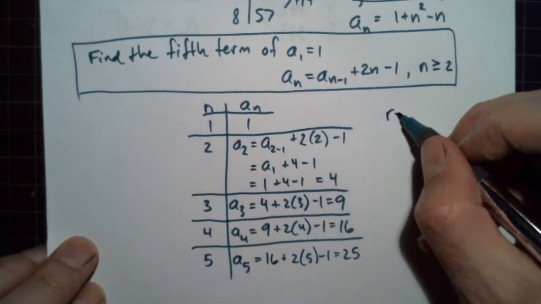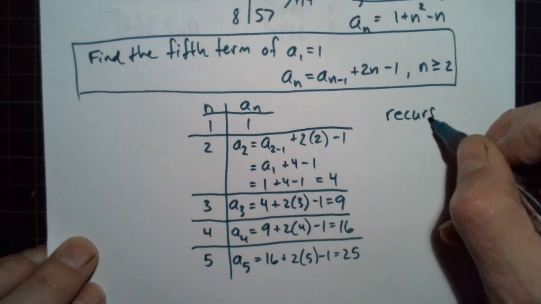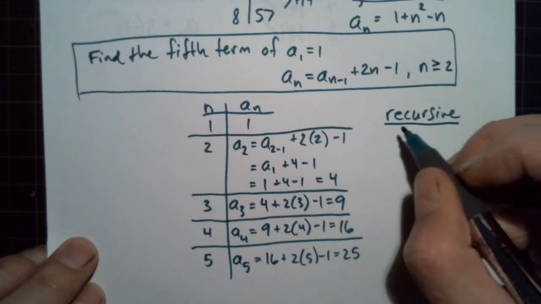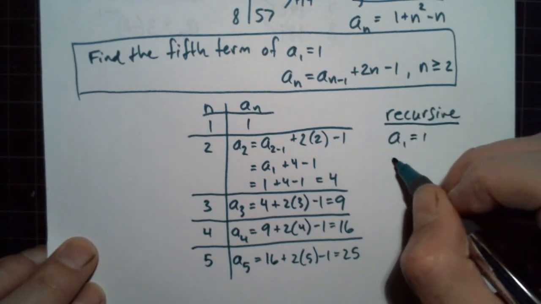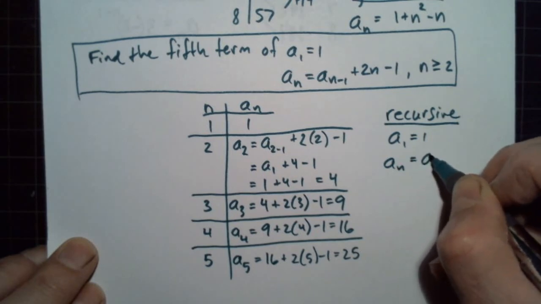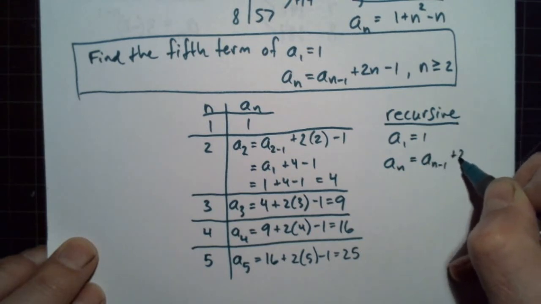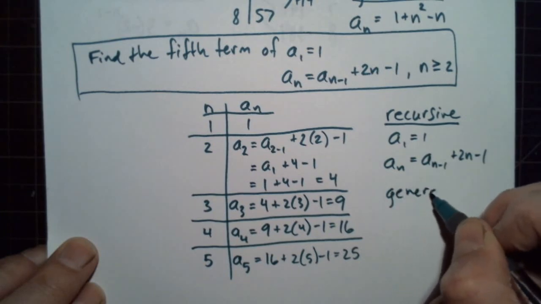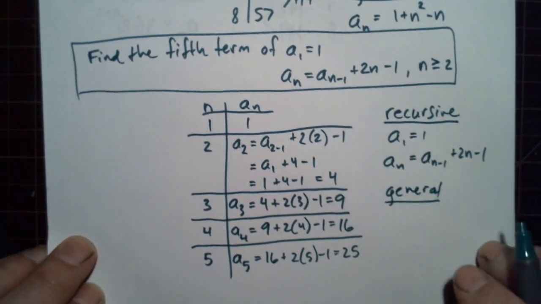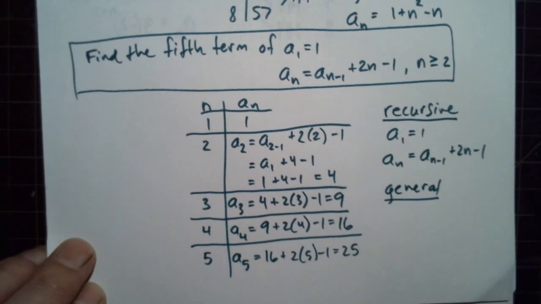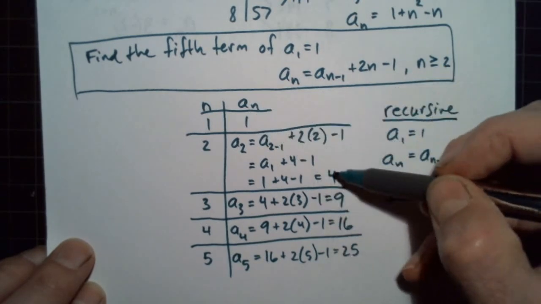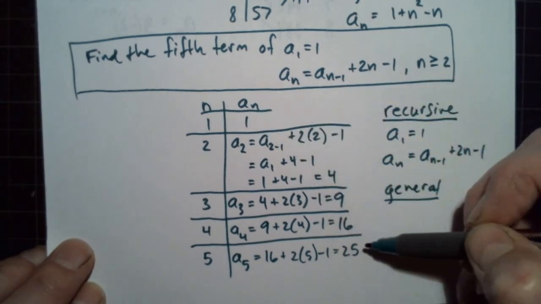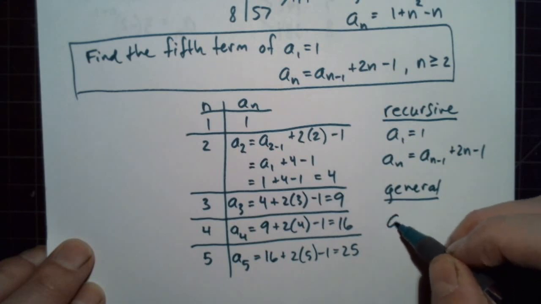And let's review this vocabulary. We have a recursive form, and that was given. And then we have a general form, which we just have to look for the pattern 1, 4, 9, 16, 25. So here we can just make it up.